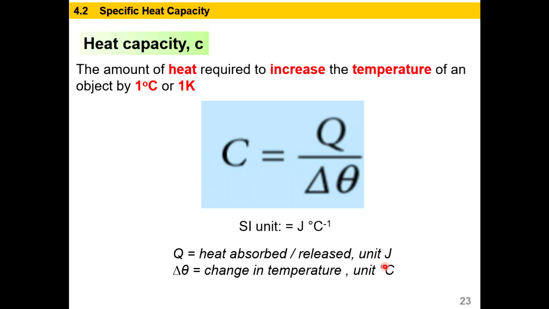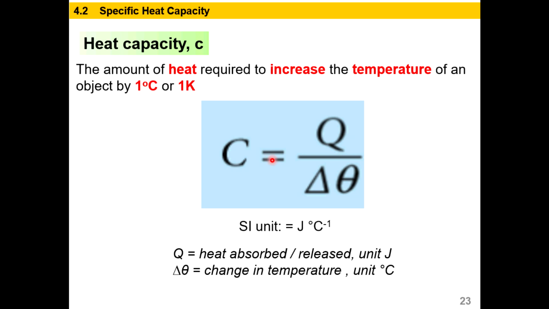Okay, so first we look at heat capacity. Heat capacity is the amount of heat required to increase the temperature of an object by 1 degree Celsius or 1 Kelvin. So look at this formula. Capital C is the heat capacity, Q is the heat absorbed, and delta theta means the change in temperature.